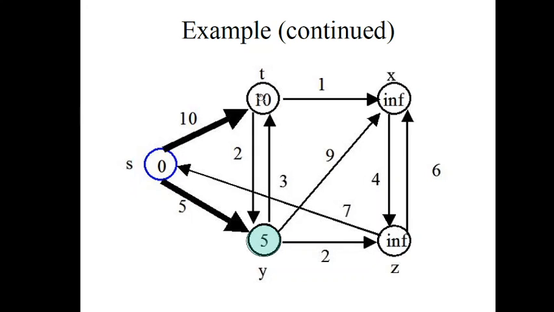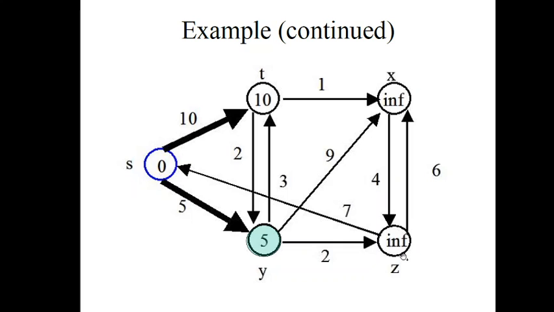Therefore 10 will be replaced with 8 and the predecessor of T will now be Y, not S. Previously the predecessor of T was S, but now from Y we are finding a smaller path from S to T. Therefore 10 will be replaced with 5 plus 3, 8, and the parent of T in the shortest path will be Y.